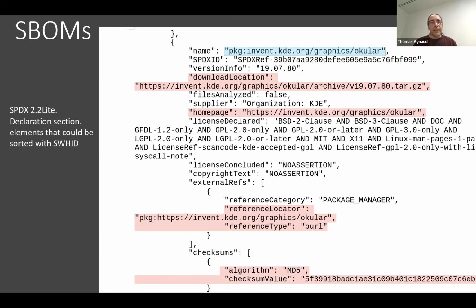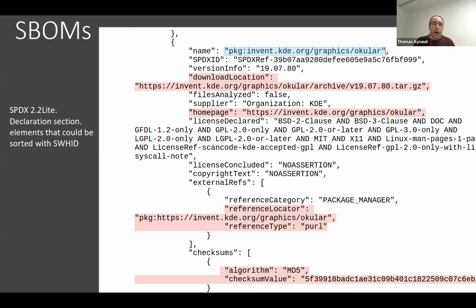You can see in red a lot of information that can be replaced, or maybe you can use the SWHID with that to get really precise information about your dependency. In fact, you are almost already starting to compute the SWHID, because if you compute the MD5 of a file, maybe you can just put the SWHID.